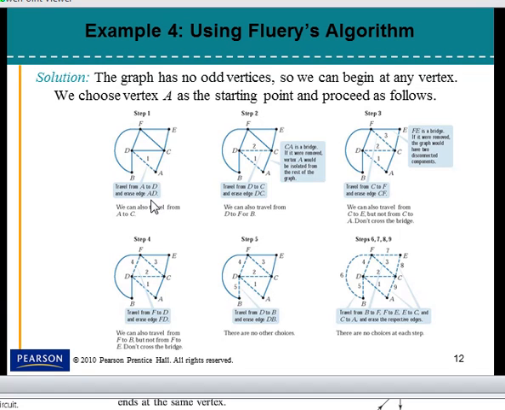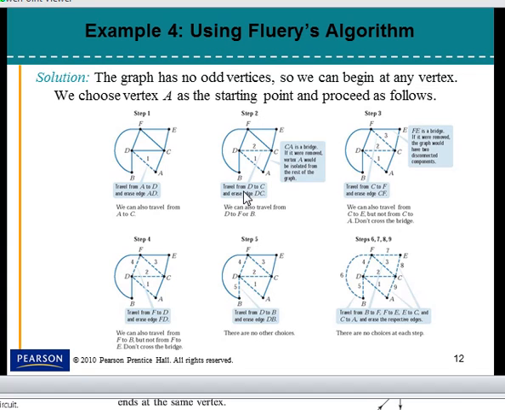As you can see here, travel from A to D and erase edge AD. We can also travel from A to C. That's step one. So once again we went from A to D, that's number one, so we made it a dashed line.